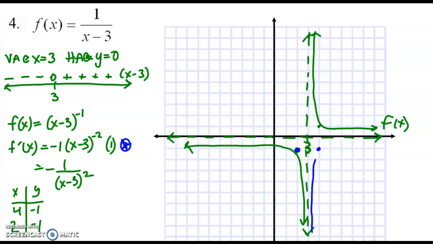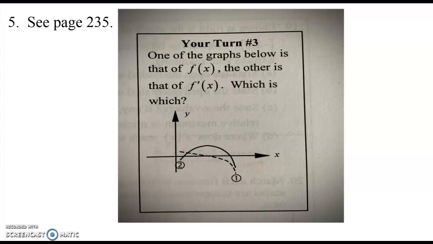So a sketch of our rational function of the derivative is in blue. If you want to look in your textbook, see example 5 on page 235. It is also pictured if you turn your page right here. Okay, so 235, your turn.